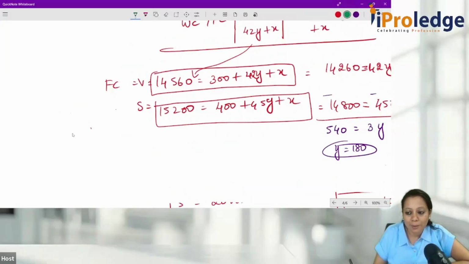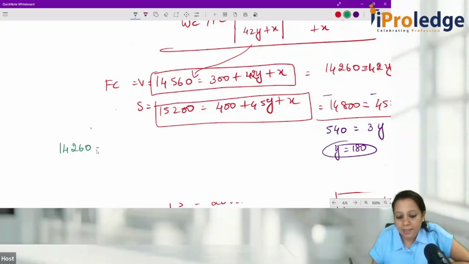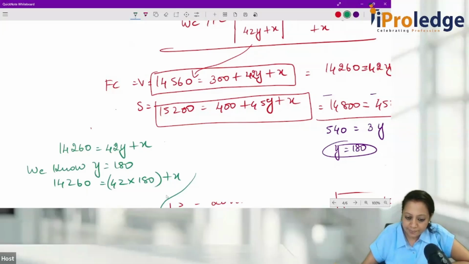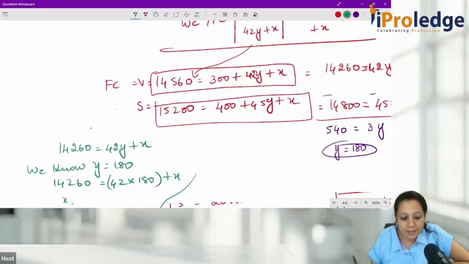That is quite simple. 14,260 is equal to 42Y plus X. We know Y is equal to 180, which means 14,260 is equal to 42 into 180 plus X. So 7,560, grouping all the numbers, we are getting X to be 6,700.